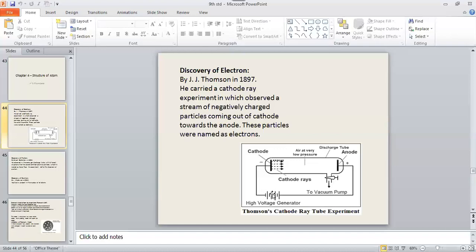Then it is connected to a high voltage generator. When electricity is passed, rays are given out from the cathode, and these are negatively charged particles. They are attracted towards the positively charged electrode, the anode, and these particles are called electrons. So this is the cathode ray experiment for the discovery of the electron.